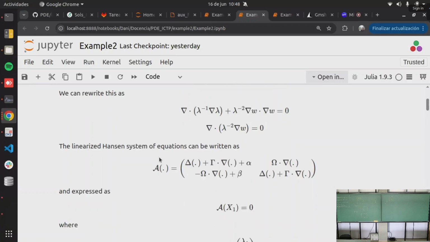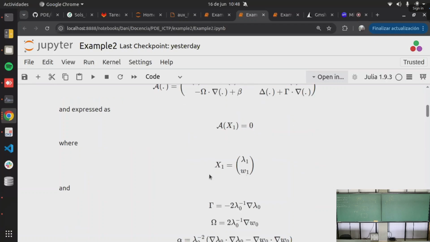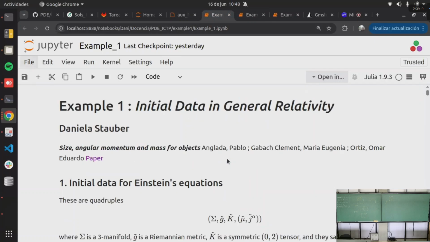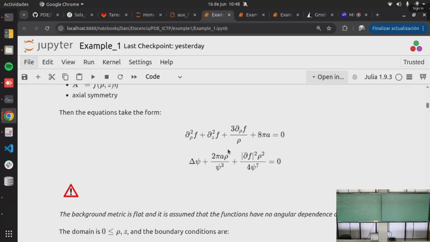Also we have to linearize the system to use the Newton-Raphson method. So the linearized system we can write like this. And express it, x1 has the information of the correction. Remember, it's the same case that we performed in example one.